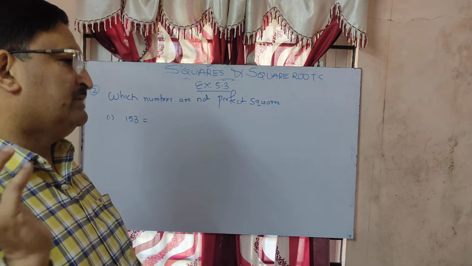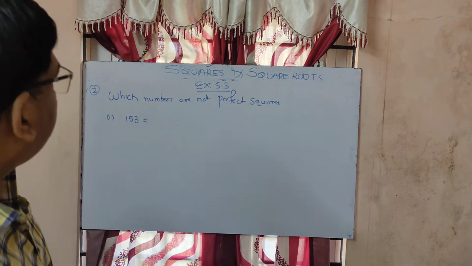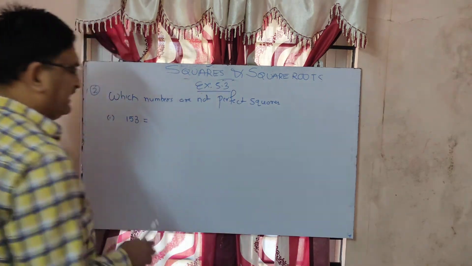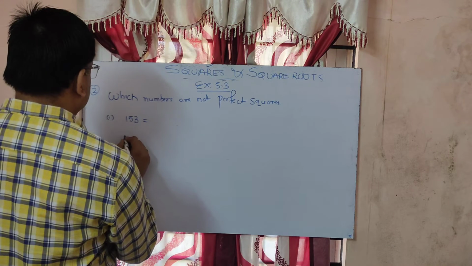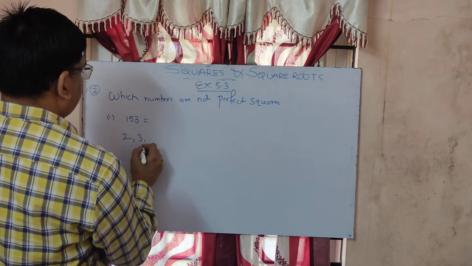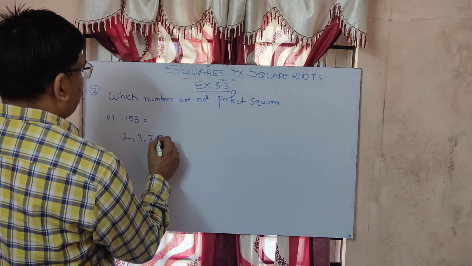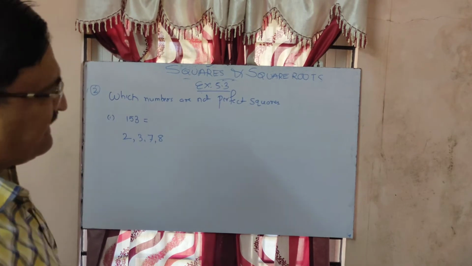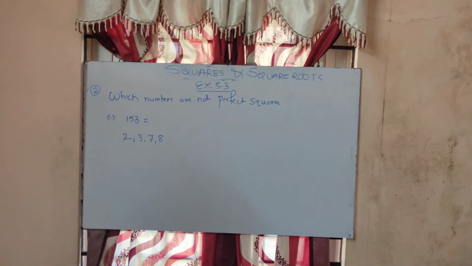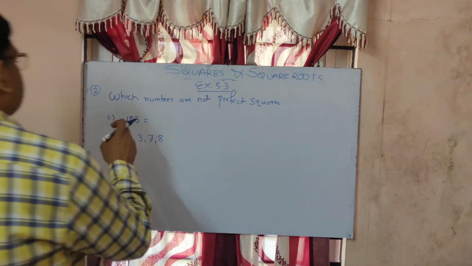If you go to the property, in the first property only they tell us, if the last digit is 3, what are those numbers? That is 2, 3, 7 and 8. If the last digit is 2, 3, 7, 8, then they cannot make a perfect square. Now you can see the last digit is 3 here.